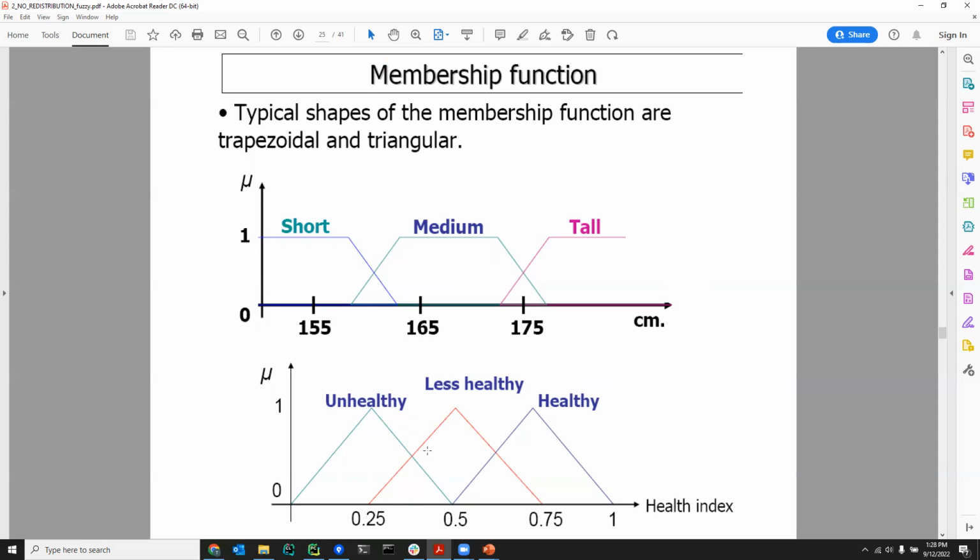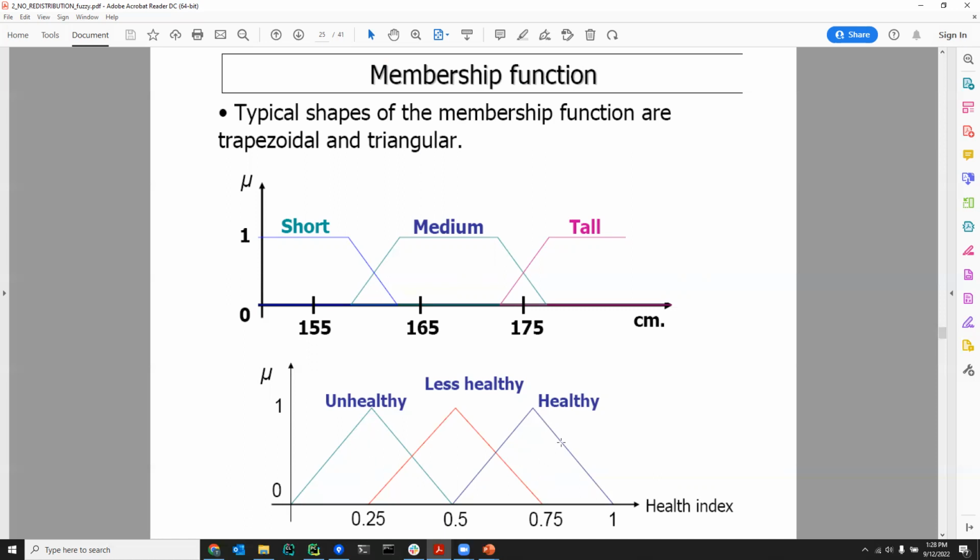An example with triangular membership functions: if you have some health index, maybe you have different sets representing the level of healthiness of somebody. So in this case, we have 3 triangular membership functions, and they describe healthy, less healthy, and unhealthy. And you can see that you'll get contributions from 2 of these at any point, starting at 0.25 up to 0.75.